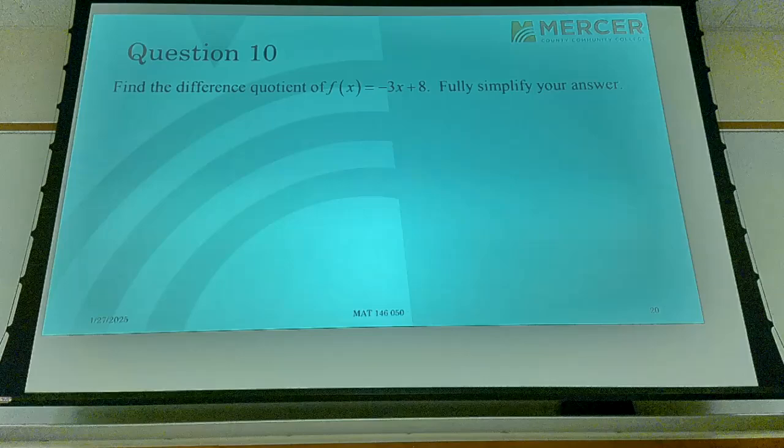Practice finding difference quotients. This, like I said, is going to be an extremely handy skill in calculus.